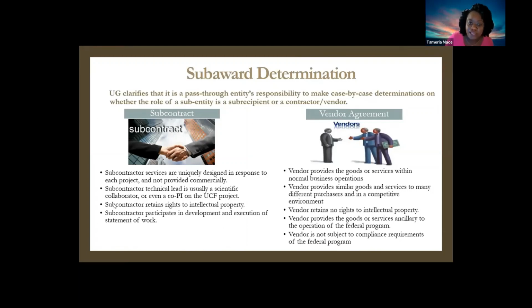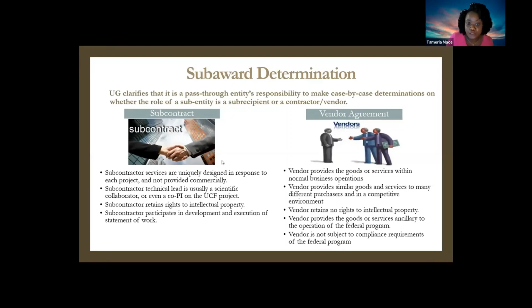Some of the characteristics to look for: with subcontractors, those services are uniquely designed in response to each project, and those services are not provided commercially. Whereas when you have a vendor, those goods and services are provided within their normal scope of business. Basically, if you can pay for those services, they will provide you with those services. That is one of the biggest differences between a subcontractor and a vendor.